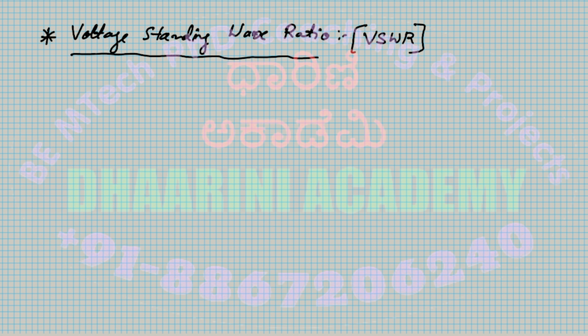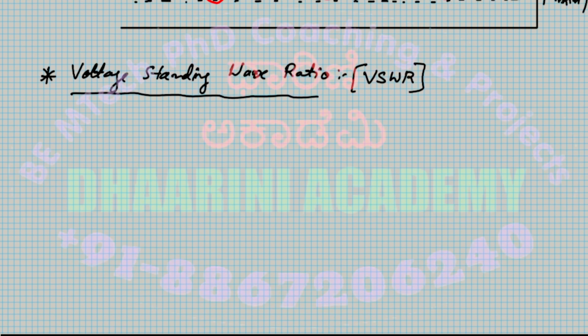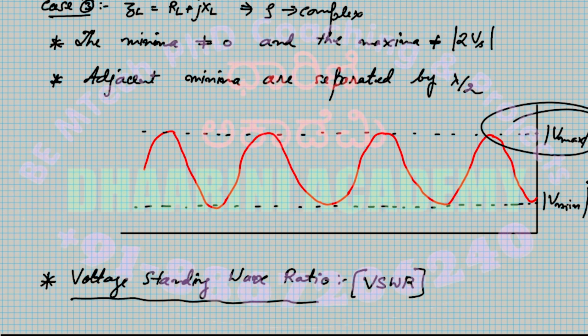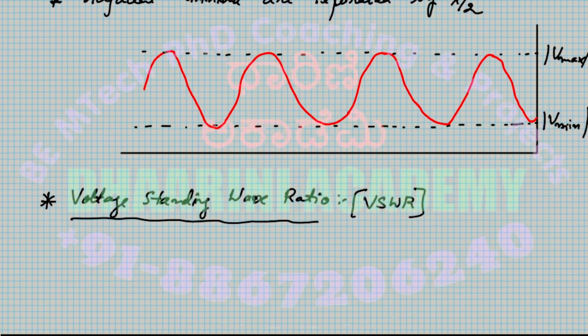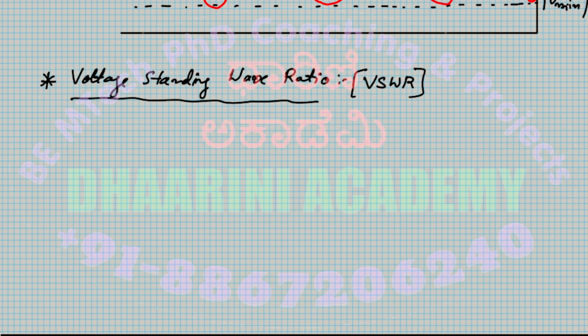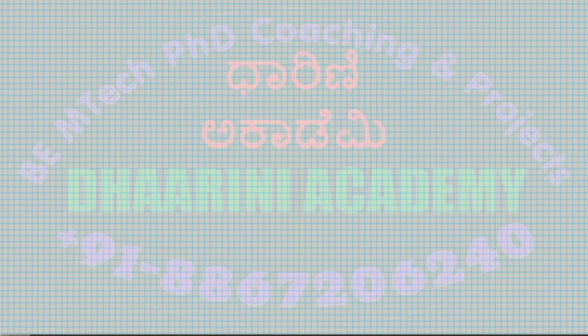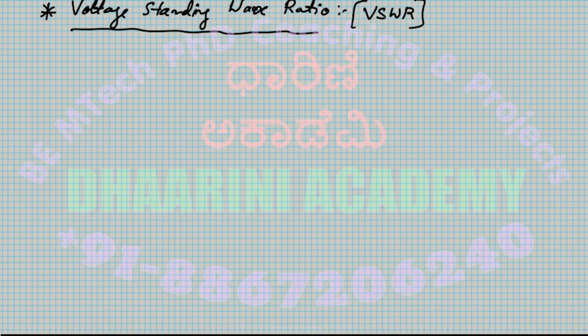Now, this is a ratio, meaning I have to take a ratio of something. You take the ratio of the maximum voltage present on your line, that is Vmax, and the Vmin. Both we have marked. This is the Vmax, this is the Vmin. You take the ratio of Vmax to Vmin and call it the standing wave ratio, denoted by capital S. Now, how much standing wave exists?